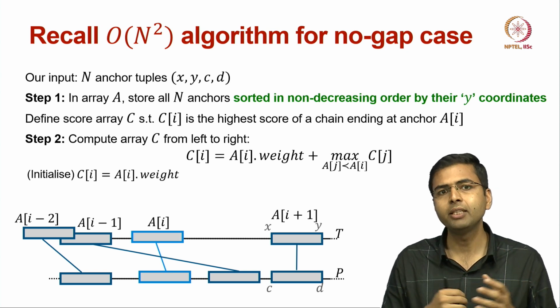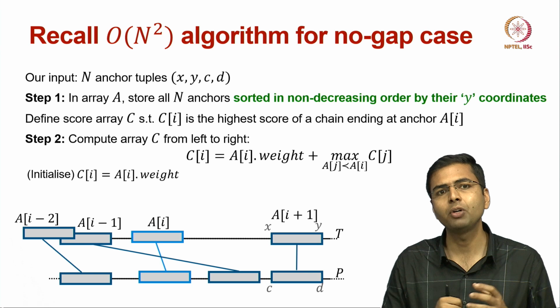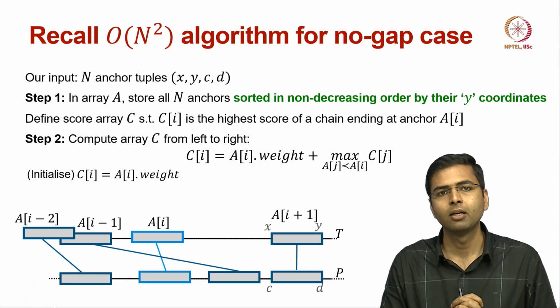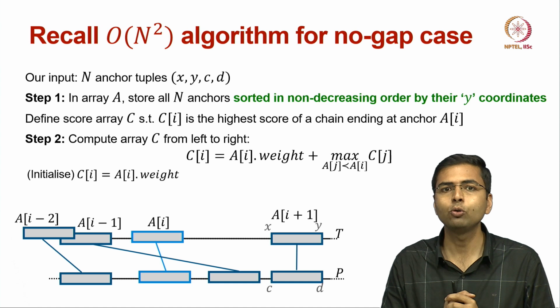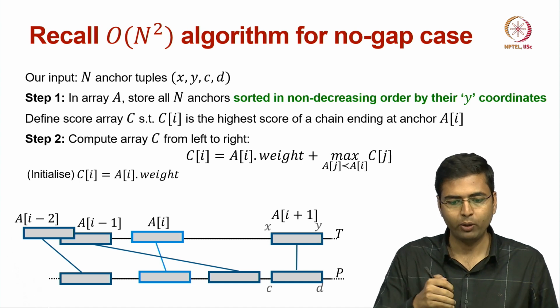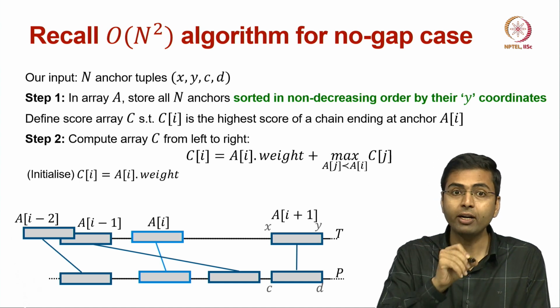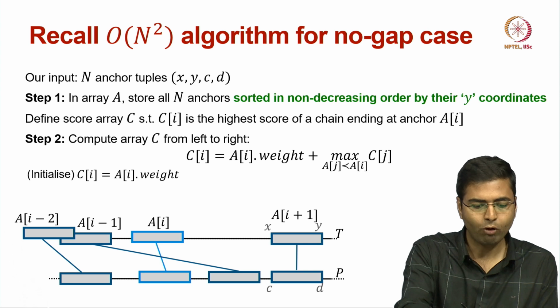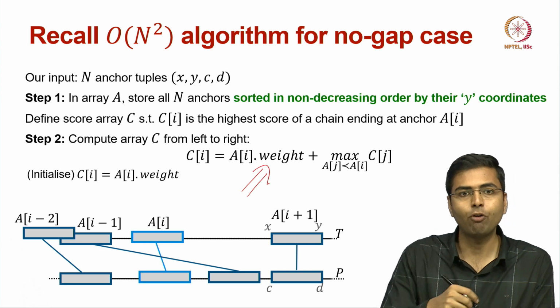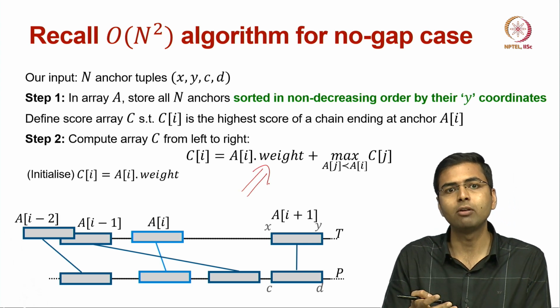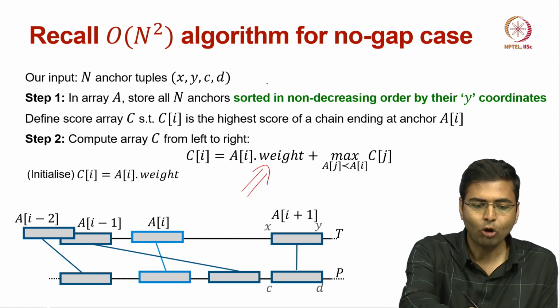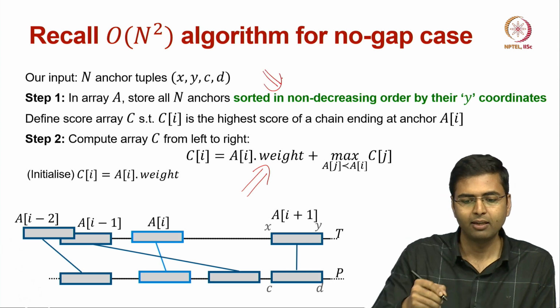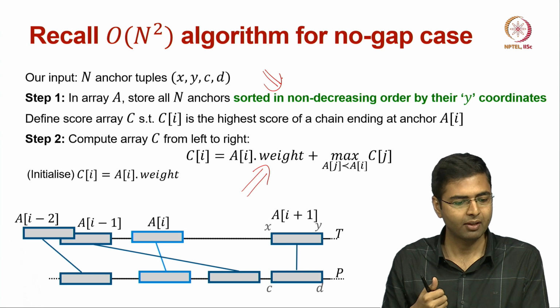Well, the first solution that should come to mind is, if you remember from the last lecture, we have already seen one dynamic programming method to solve the chaining problem, in the case where we were not having any gap. In this case, basically we started by sorting all the anchors by their y coordinates.